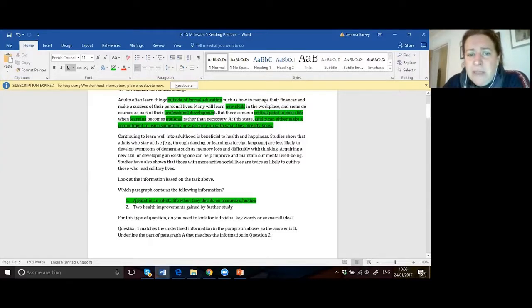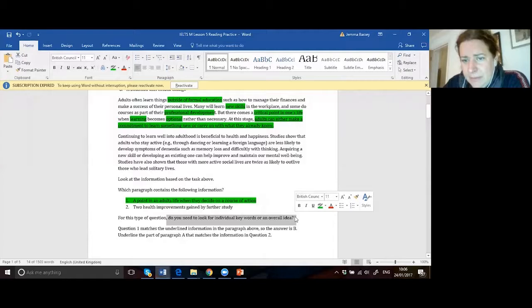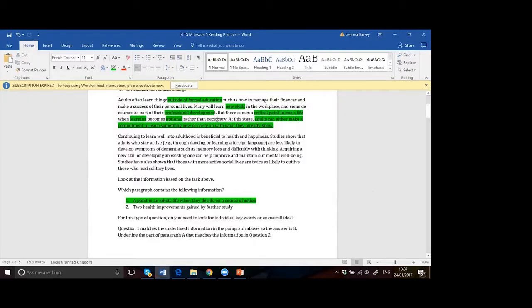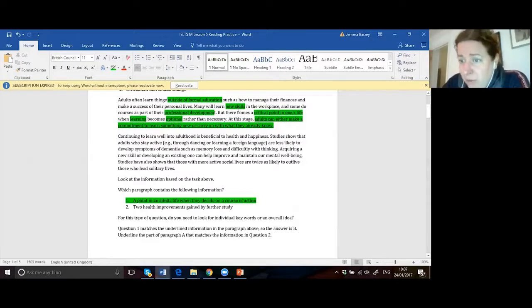So we know that this paragraph is about a point in an adult's life when they decide on a course of action. Okay, so for this type of question, do you need to look for keywords or an overall idea? What you're doing is highlighting keywords, but you're not looking for them.